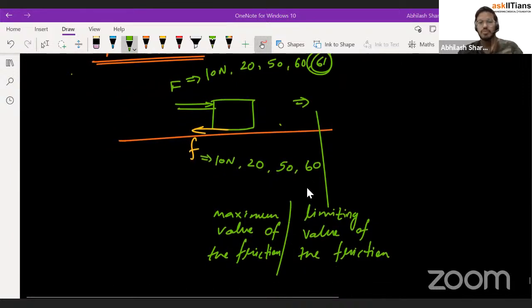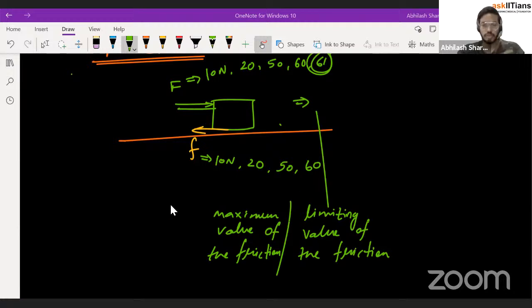This maximum value of friction will be different for different types of object. If I keep a heavier object, then there'll be a different value of limiting friction. Just like what was asked last year, shouldn't friction depend upon weight? So I'm saying not exactly weight, but there is some other thing which we need to look after. So let's go into that.